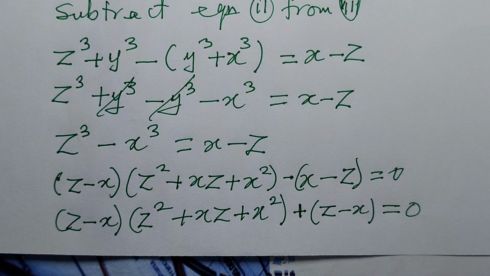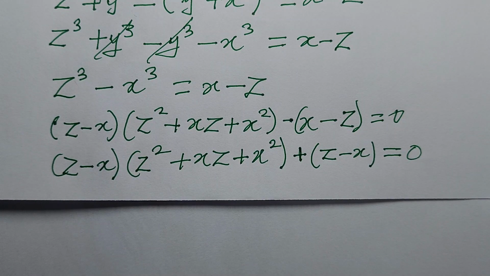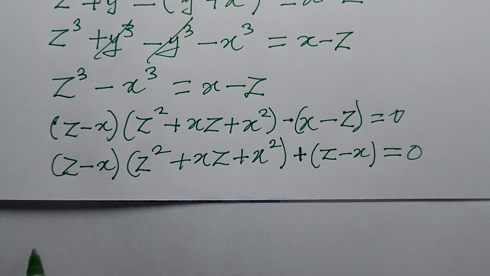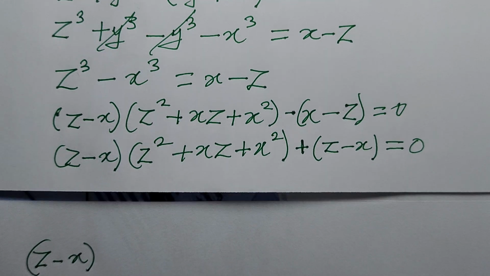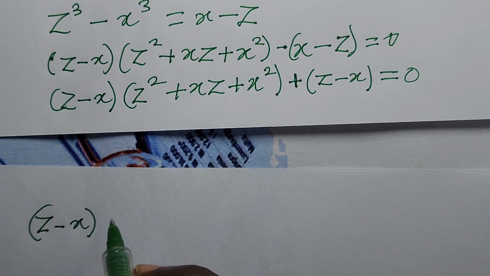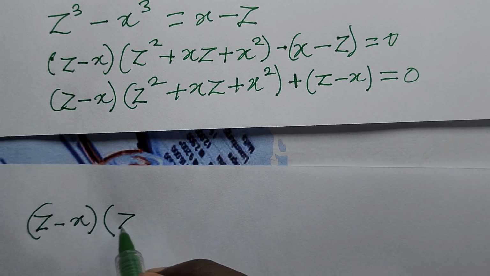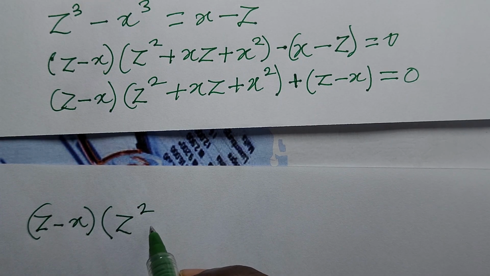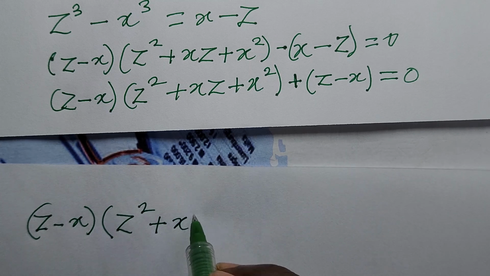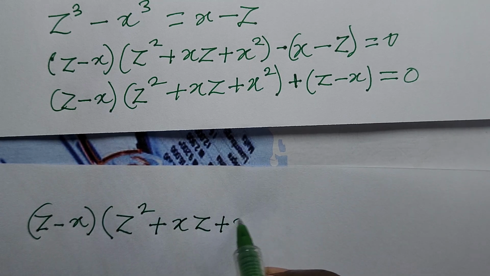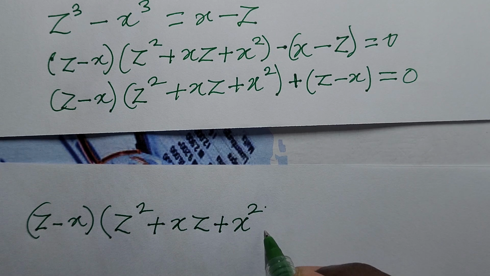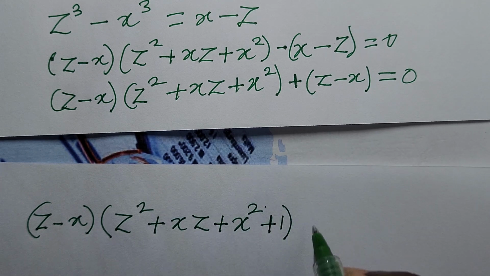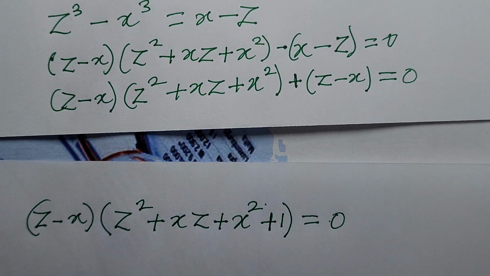I want to factor out z minus x here. So this is going to give us z minus x times bracket z to the power of 2 plus xz plus x to the power of 2, and automatically here is going to give us plus 1, everything equal to 0.